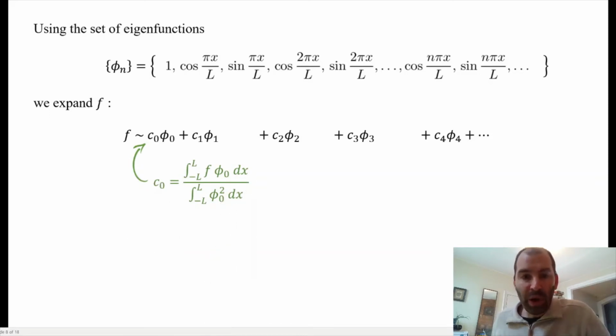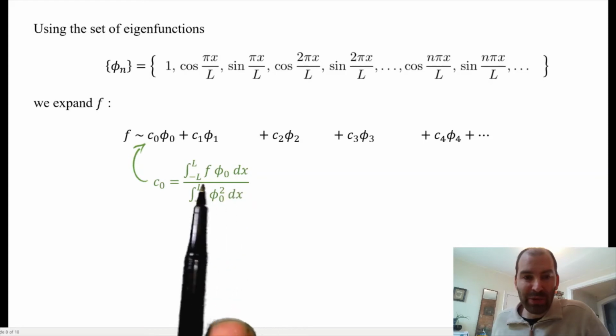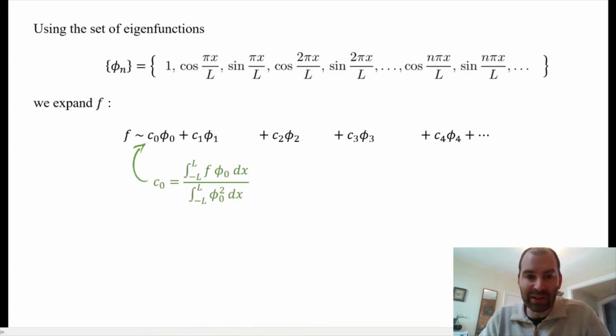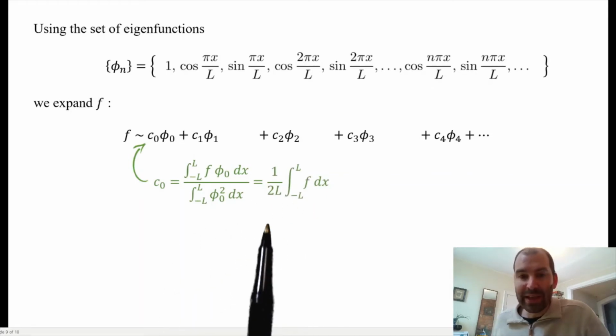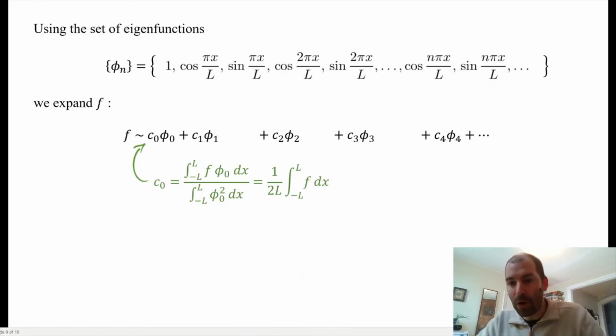Now, what is phi 0? Phi 0 is 1, so I can do this integral pretty easily, right? Just integrating 1 from minus L to L is, of course, 2L. So that just simplifies to this. Now, this is an interesting expression here. Take a moment, see if you can recognize what nice way to describe what this thing is giving us in terms of f.